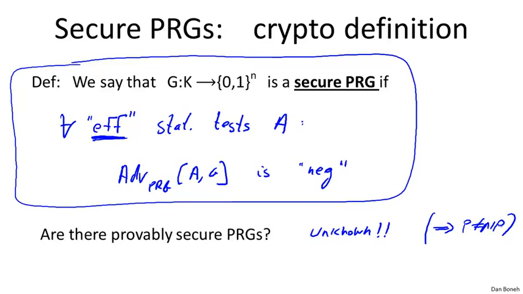So if you could prove to me that a particular PRG is secure, that would imply that P is not equal to NP. Again, I will leave this to you as a simple puzzle to think about. But even though we can't rigorously prove that a particular PRG is secure, we still have lots and lots of heuristic candidates, and we even saw some of those in the previous segment.